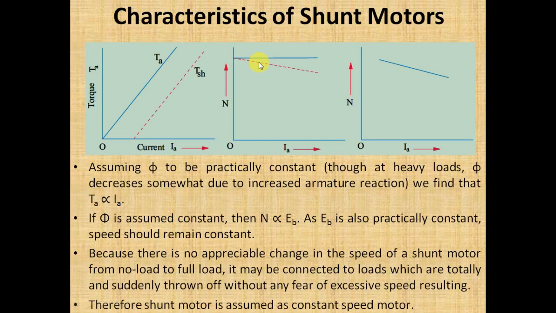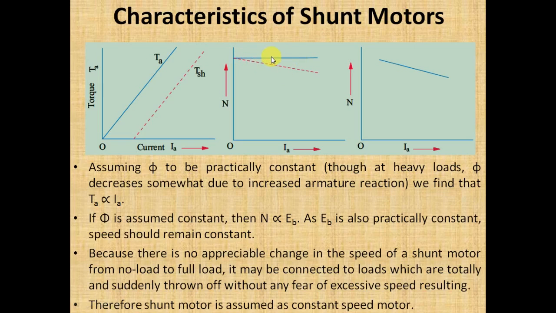This will cause the overall value of V minus Ia Ra to reduce. But this reduction in speed due to Ia Ra drop seems to be a very small one, which is less than even 5 to 15%. Therefore, we can say that a DC shunt motor is almost a constant speed motor.